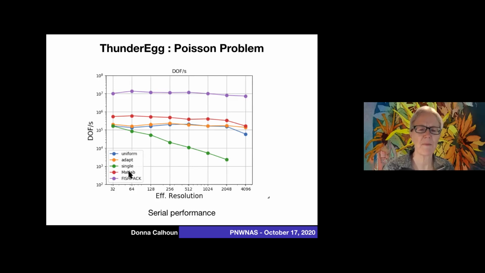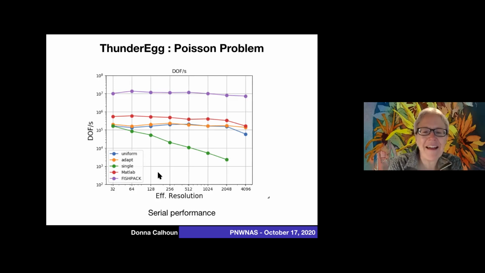I think UMFPACK is now incorporated into MATLAB, but it's basically MATLAB's sparse matrix solver. And then, of course, we compared it to FishPack, which was one of the first packages I got to know, I think, when I was taking PDEs from Chris Bretherton. In fact, I implemented the FishPack solver for a course and have ever since had a fondness for it.